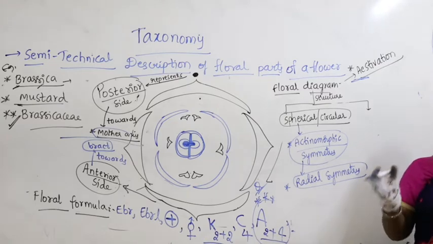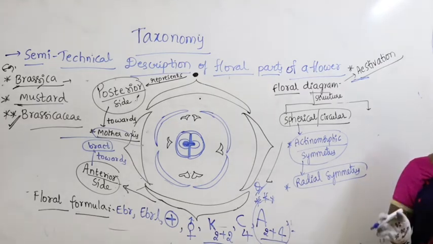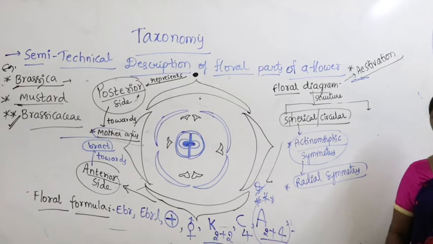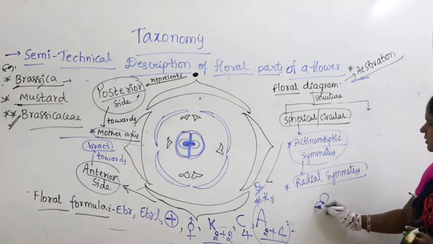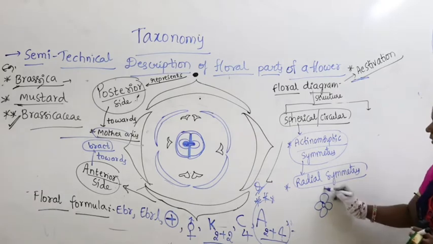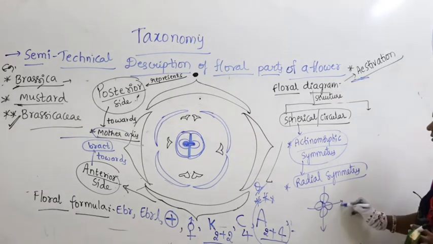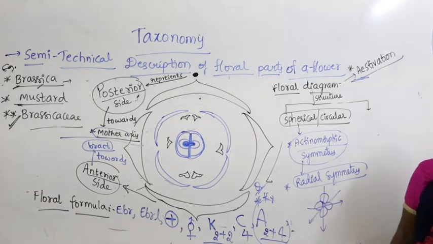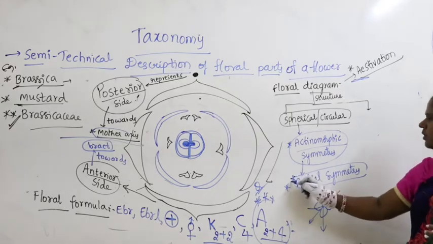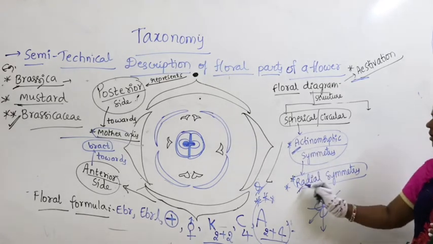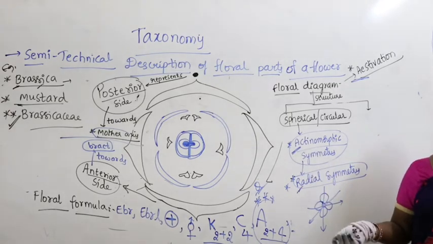A flower divisible into two equal halves in any plane of angle of division passing through the center. Suppose the flower is like this, you can cut like this, or like this, or diagonally, and it can be made into two equal halves, right? That is what we call actinomorphic symmetry, or radial symmetry.